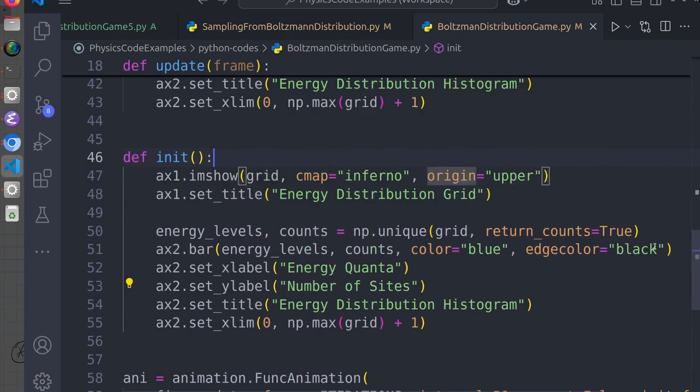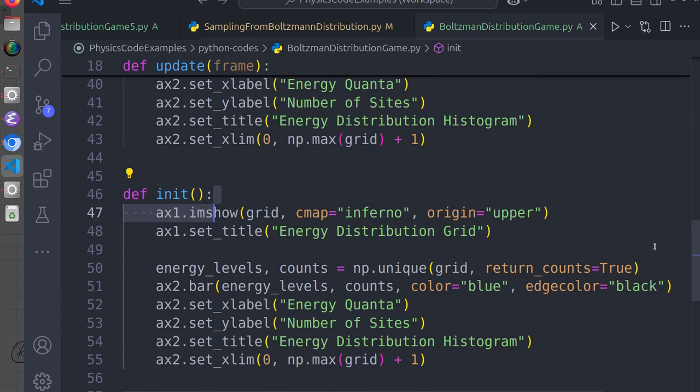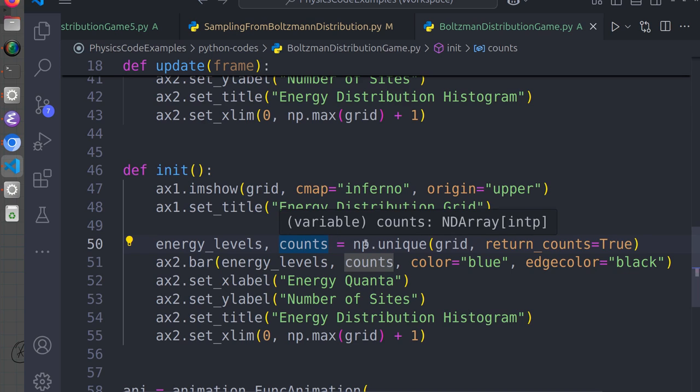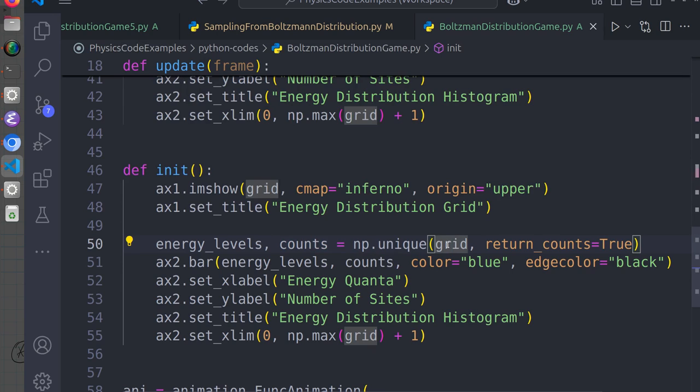Okay, and let's take a look at the init. The init function is defined here, line 46. Okay. So the initial distribution is going to be plotted. So we have a grid, we have a title for the plot, we have the energy levels and the counts, which is going to be this unique method applied to the grid.